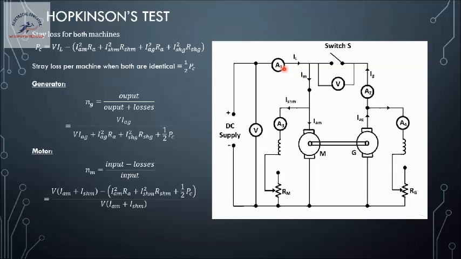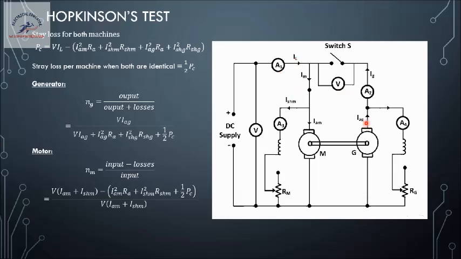So if we switch off the supply here, then this generator will be overloaded and the motor will go on drawing the balance amount of current from the generator. If the generator gets overloaded, its speed will drop.